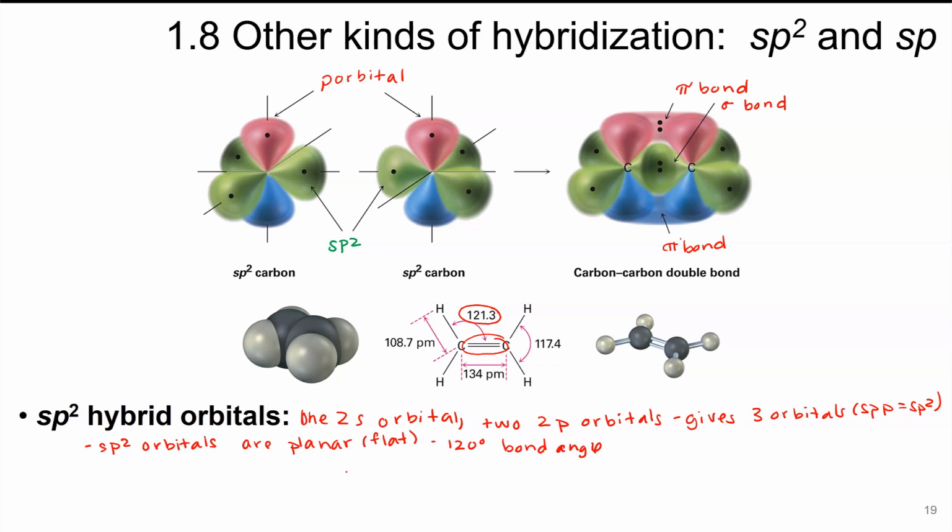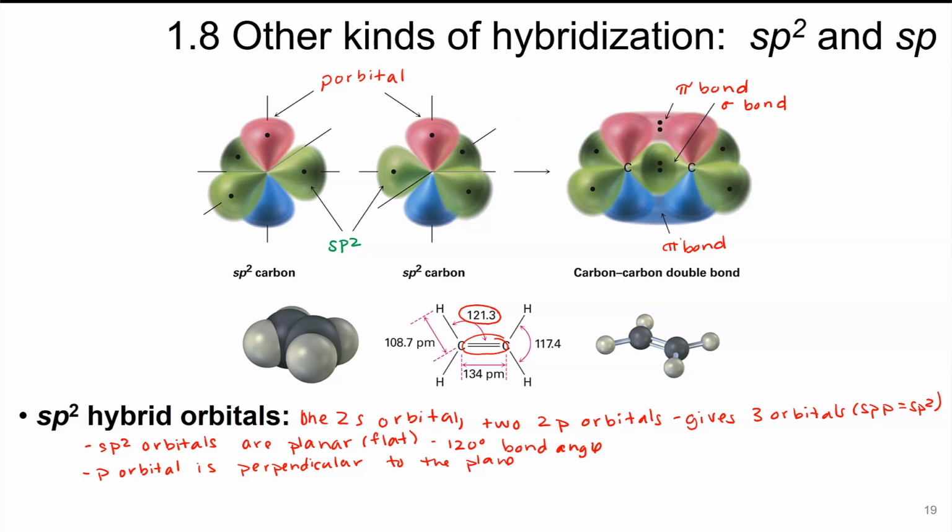The remaining p orbital is perpendicular to the plane. So we get two sp2 hybridized orbitals with a head-on overlap, form a sigma bond, and then we have p orbitals that have overlap side to side, giving us a pi bond.